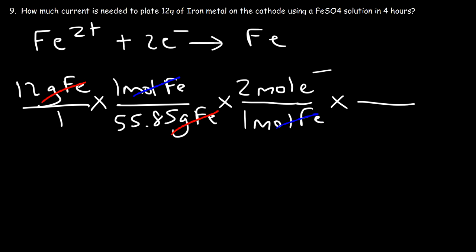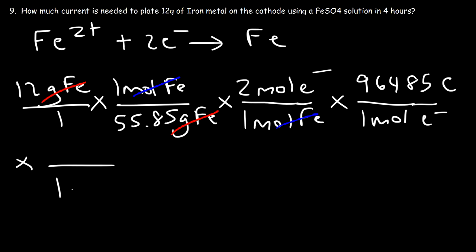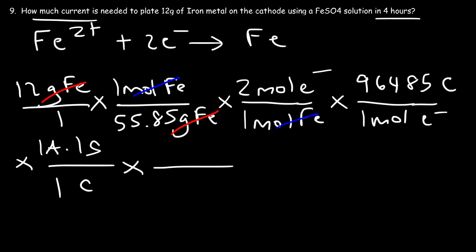Now, once we have the moles of electrons, we can convert that into coulombs. 1 mole of electrons is equal to 96,485 coulombs. And keep in mind, 1 coulomb is 1 amp times 1 second. So to get the current in amps, we need to divide by the time in seconds.